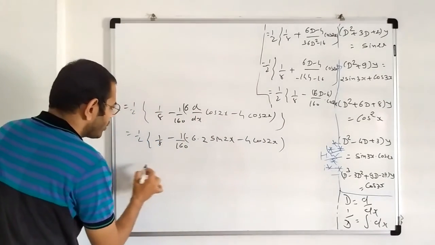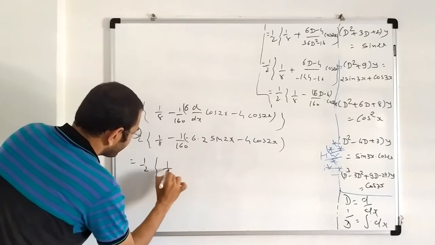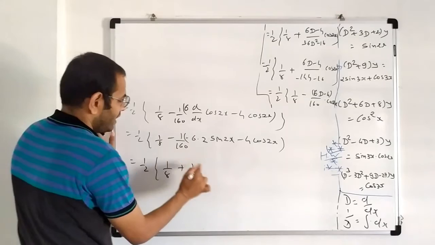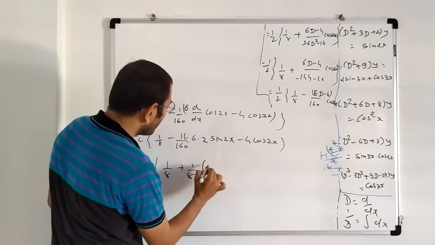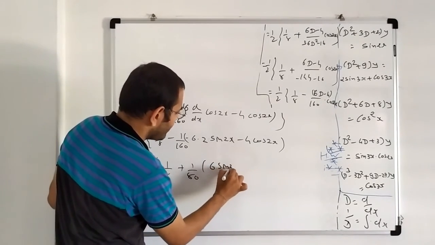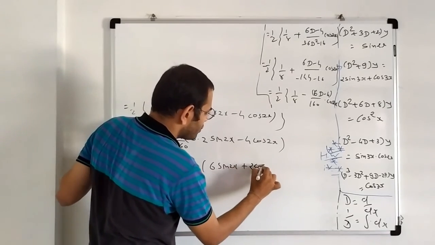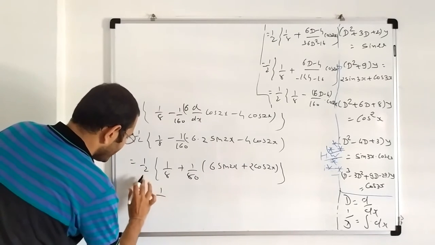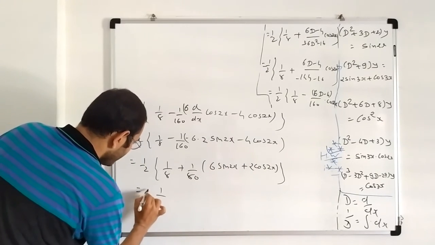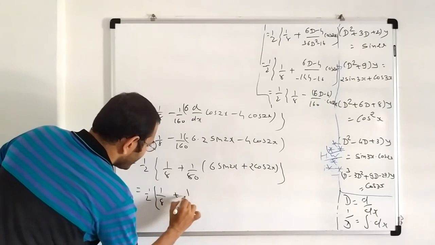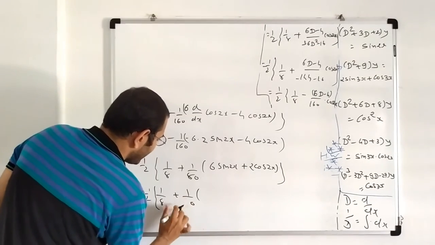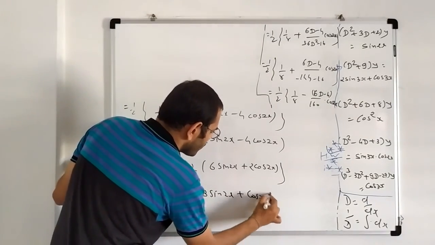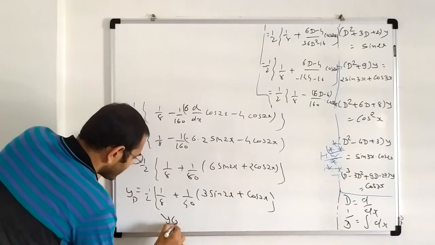Taking minus common and 2 also common, 1 by 8 plus 1 by 80 times (6 sin 2x plus 2 cos 2x). Again 2 is common, then 1 by 2, 1 by 8 plus 1 by 40, (3 sin 2x plus cos 2x). That is our yp.